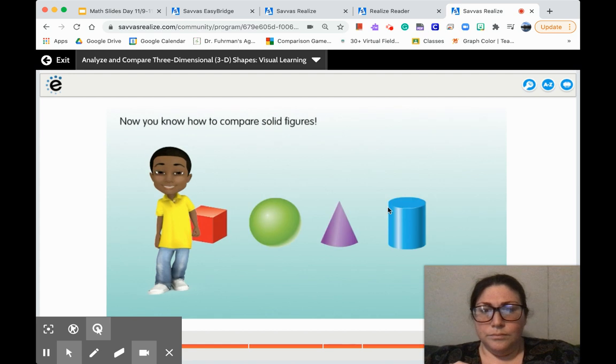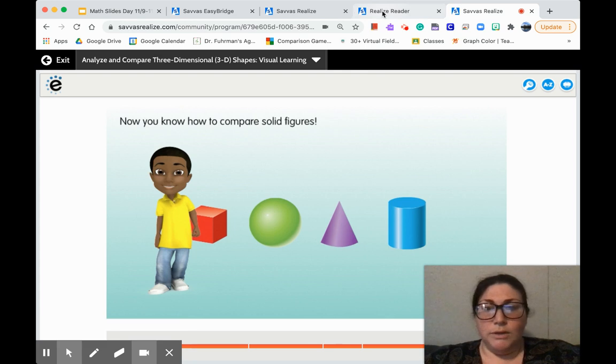Now you know how to compare solid figures. With Jackson's help, we just talked about what shapes roll, which shapes slide, and which shapes can stack. And you see some common characteristics between these four shapes.